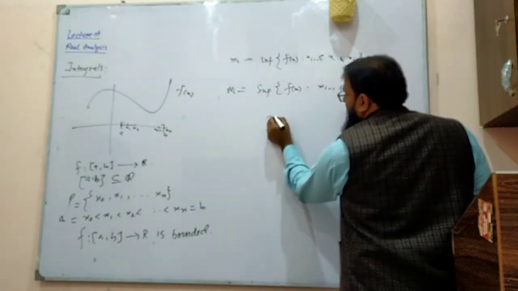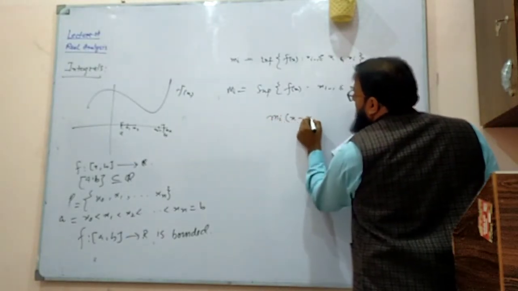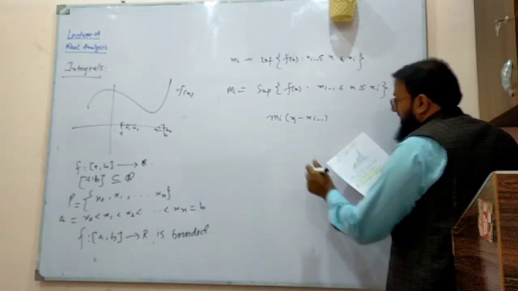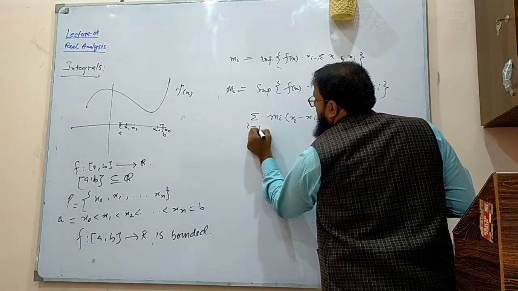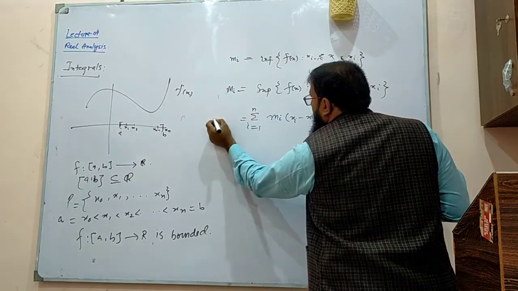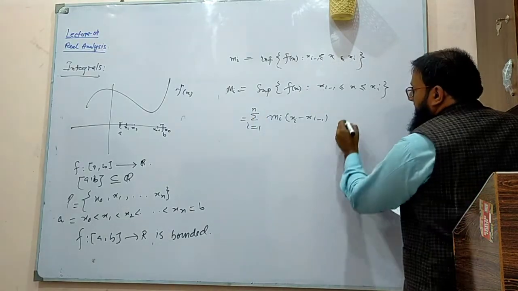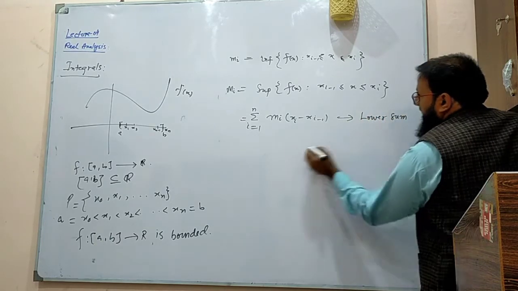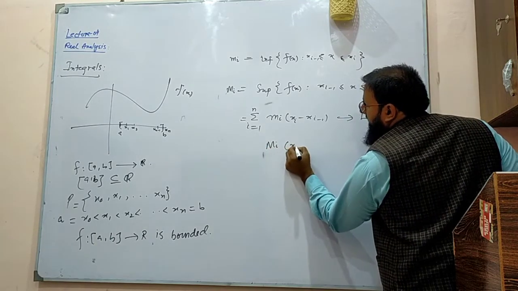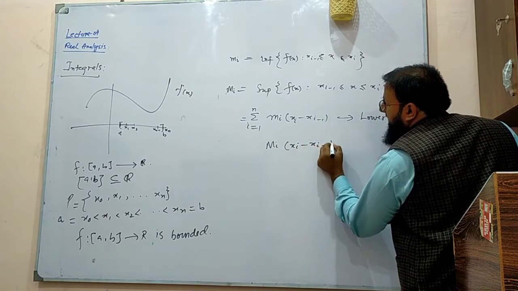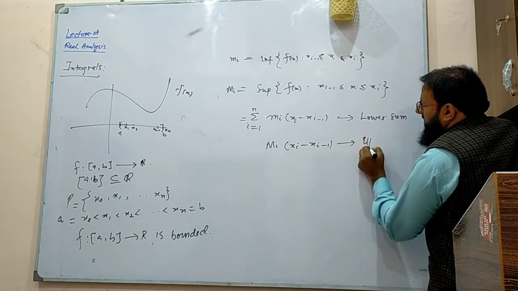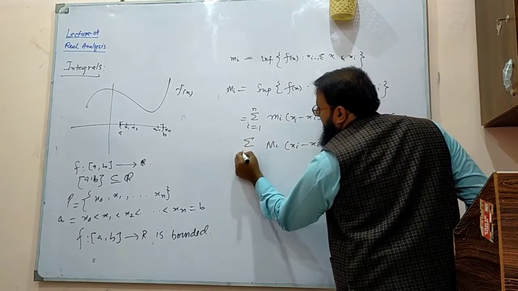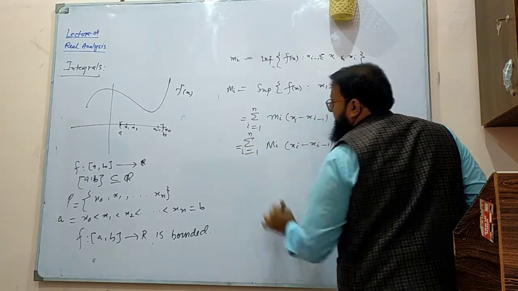Then what I do, I take small mi, multiply with the length of the interval xi minus xi minus 1, and I take their sum from 1 to n. I call this the lower sum. I take capital Mi, multiply with the length of the interval, and I call this the upper sum when I take their sum from 1 to n.